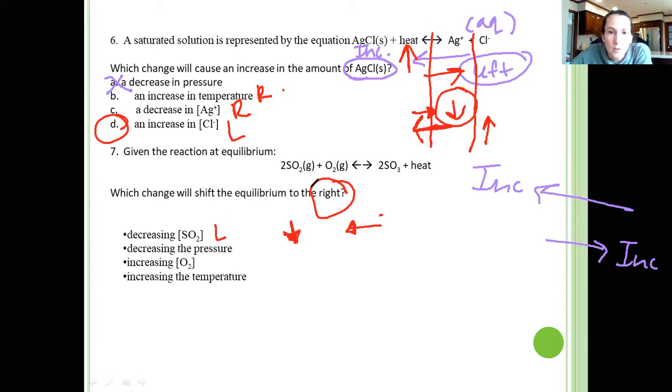Decreasing pressure. So now I'm going to count up my gases. I have 2 + 1, so I have 3 gases on the left, 2 gases on the right. So if I decrease pressure, I shift to the side with more gases, which is left.